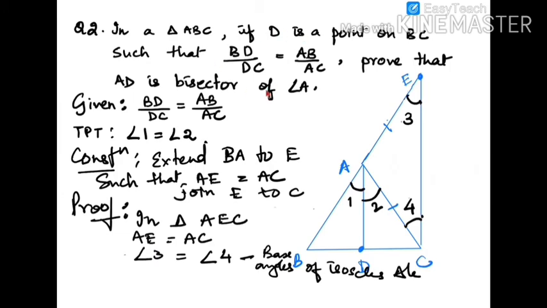Now we will use the information that is given in the question. BD upon DC is equal to AB upon AC. What we can do is replace AC with AE, because we have shown that AC is equal to AE.